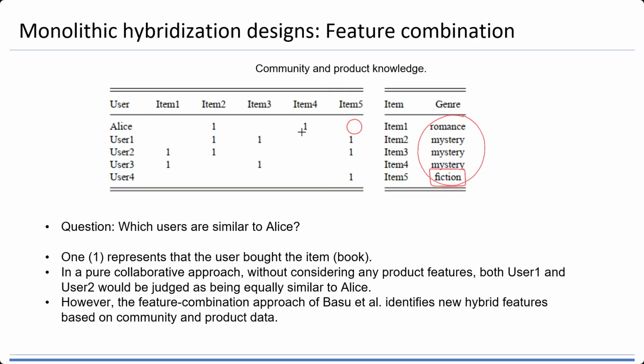Meanwhile, item 4 is mystery, and item 2 is mystery. Alice likes mystery, maybe these are books. Alice likes mystery books. But can we recommend a fiction book to Alice?